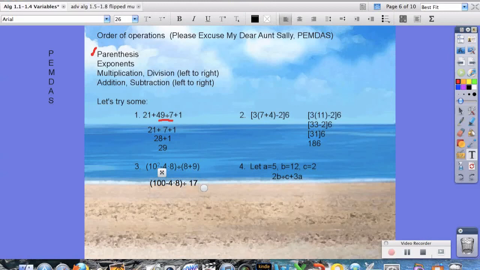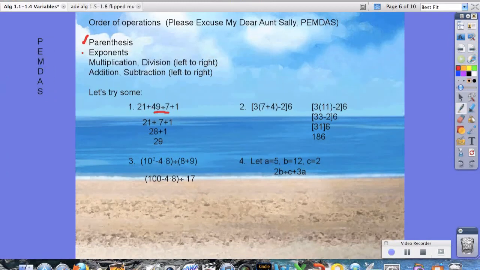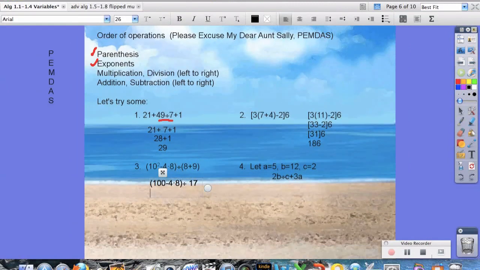So we still have parentheses, so we have 100 minus 4 times 8. You'll notice we have subtraction and multiplication. Looking at our table, we have no more exponents, but multiplication and division goes next. So that's what we're going to work on.